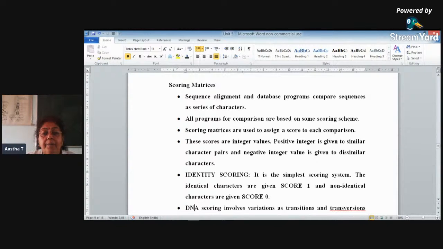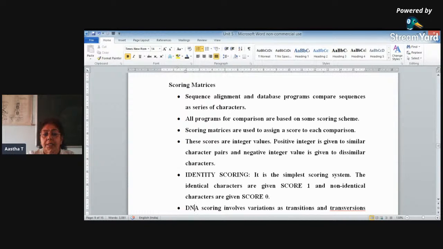Next, scoring matrices. Sequence alignment and database programs compare sequences as series of characters. Okay, there are different types of sequences: protein sequences, nucleic acid sequences, and various types of database programs. They compare these sequences as series of characters.